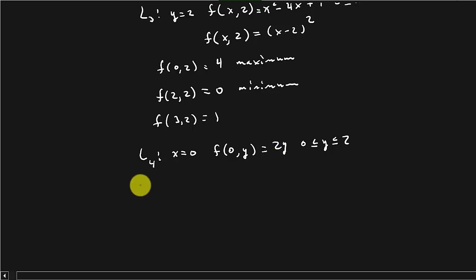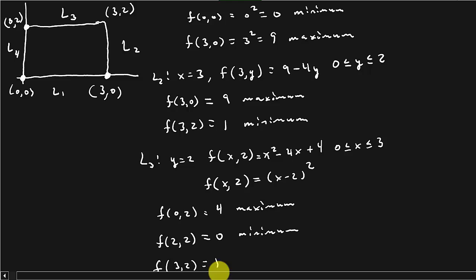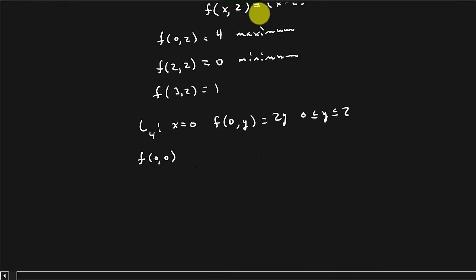So I'm going to evaluate it at 0, 0, and I'm going to evaluate it at 0, 2. So f of 0, 0 is 0, and then f of 0, 2 is 4. So I can see this is a minimum, and this one is a maximum.